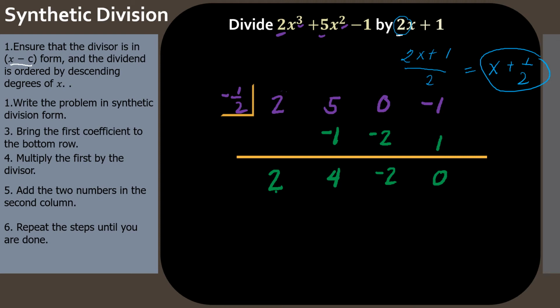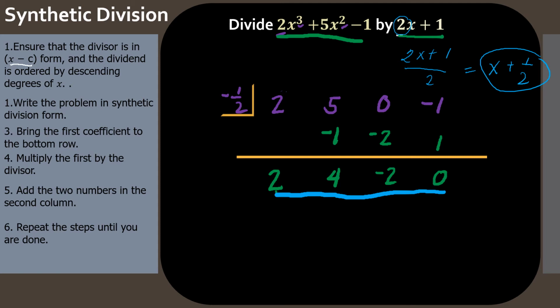Pero, tandaan natin na nag-divide tayo ng positive 2 sa ating divisor. At kung gagawin natin yan, kailangan mag-divide din tayo ng positive 2 dito sa ating dividend. Pero dahil hindi natin ginawa kanina, kailangan natin siyang gawin sa naging quotient natin. So, si 2, 4, negative 2 at 0, ay kailangan natin i-divide sa positive 2.